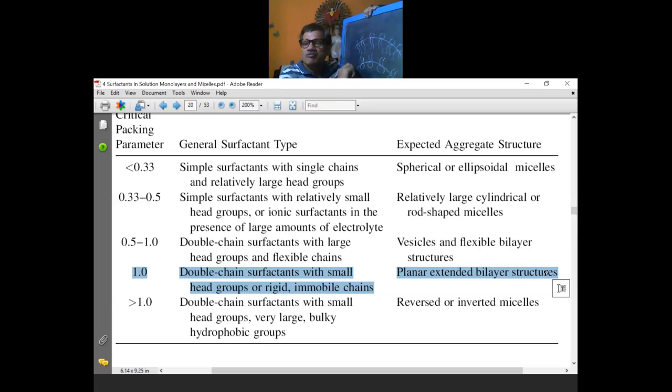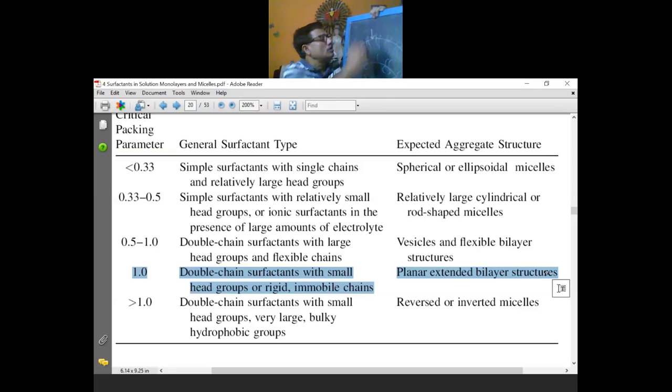This is a vesicle-like structure which has a curved bilayer. They are not perfectly planar, as I have just shown you. That is called a perfect planar bilayer, and this is a flexible bilayer.